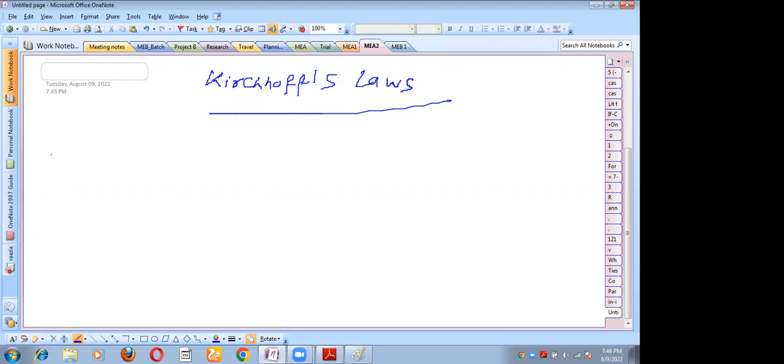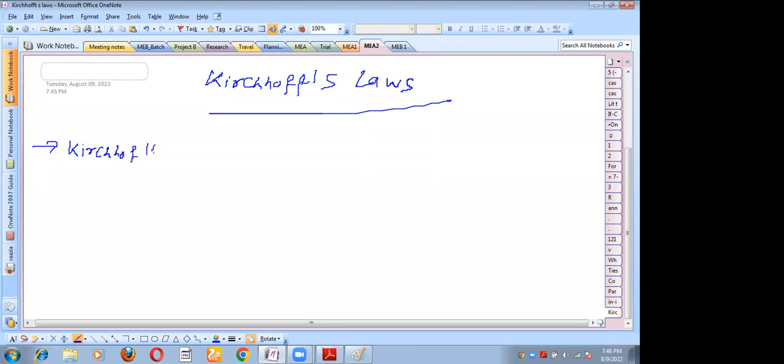One is called Kirchhoff junction law, or Kirchhoff current law, or also known as Kirchhoff first law.